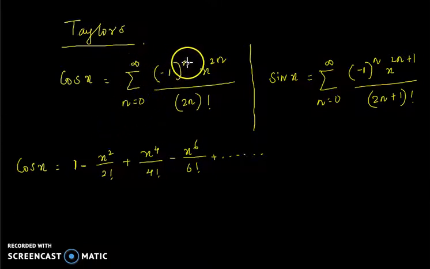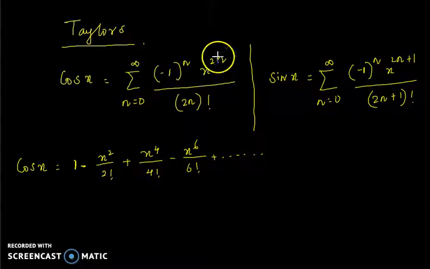So if I put n equal to 0 here, minus 1 all power 0 is 1, x power 0 is 1, and 0 factorial is 1. So it is 1. When n equal to 1, minus 1 power 1 is minus 1, and x power 2 into 1 is x squared by 2 into 1 all factorial, which is 2 factorial.